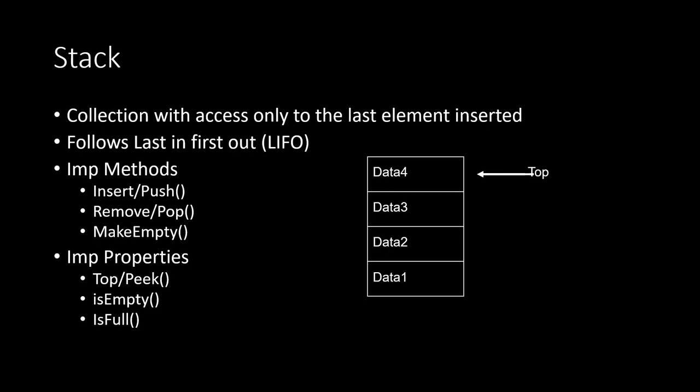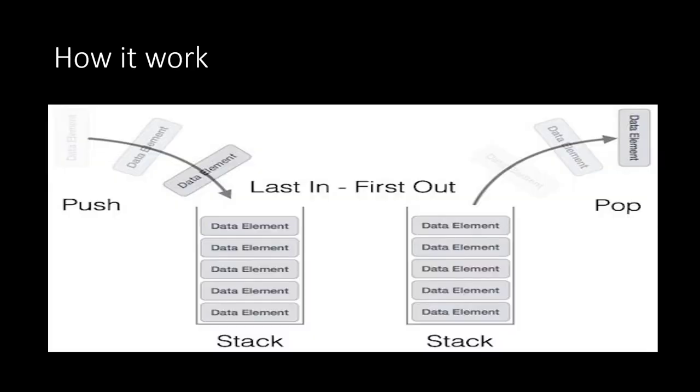Let's go further and see how they look. So how it works, think about it. As we talked about push and pop, if you start visualizing it technically, you can see two boxes. Why two boxes? So that you can understand push and pop one by one on the same screen.